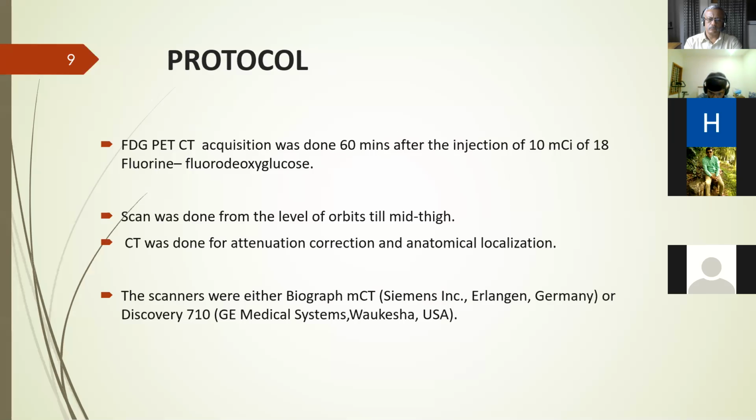The protocol: FDG PET acquisition was done 60 minutes after the injection of 10 mCi of 18-fluorodeoxyglucose. The scan was done from the level of the orbit to mid-thigh, and CT was done for attenuation correction and anatomical localization. The scanners used were either Biograph or Discovery 710.